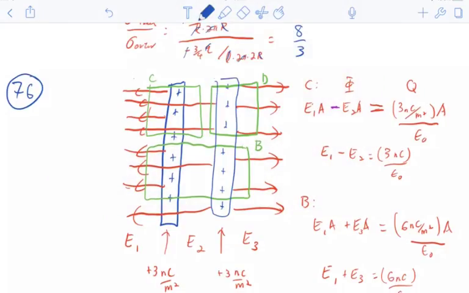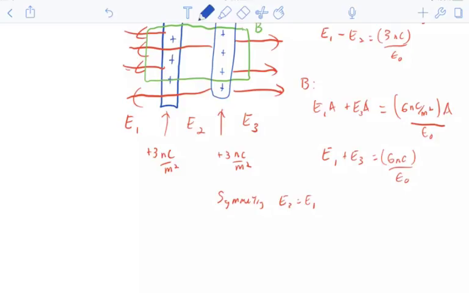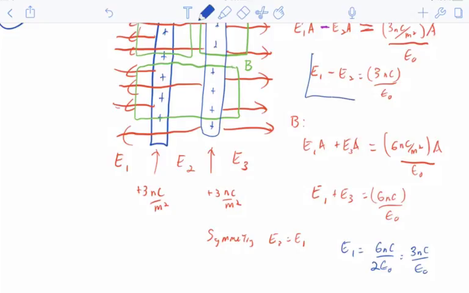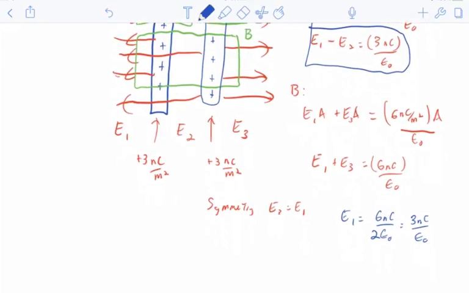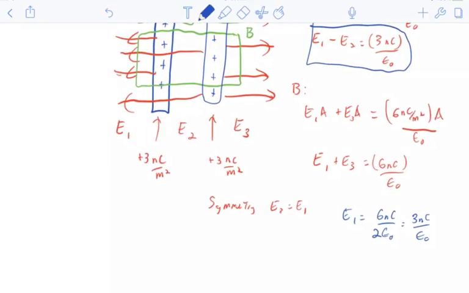So you put those together and you end up with E1 is equal to 6 nanocoulombs over epsilon naught divided by 2, so that's 3 nanocoulombs divided by epsilon naught. And then you put it into this expression, and that becomes 3 nanocoulombs over epsilon naught minus E2 is equal to 3 nanocoulombs over epsilon naught.